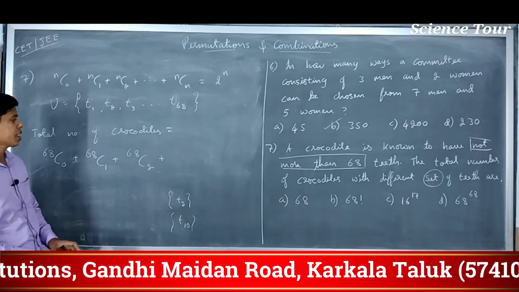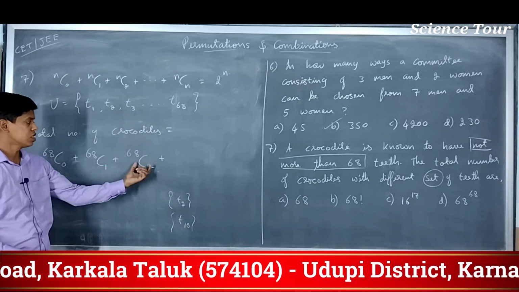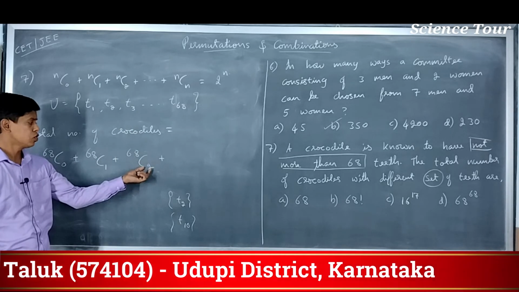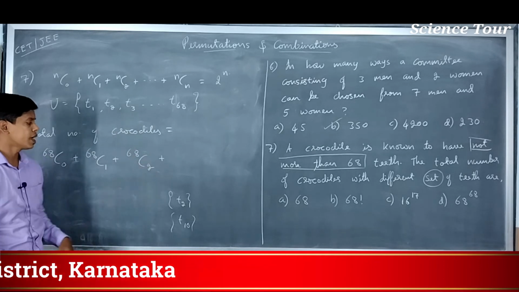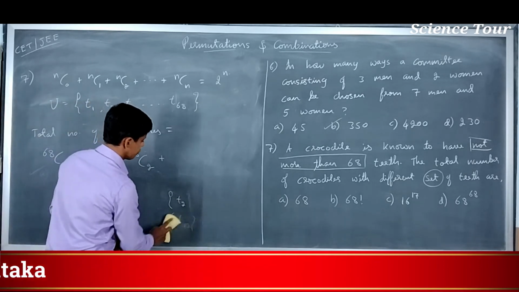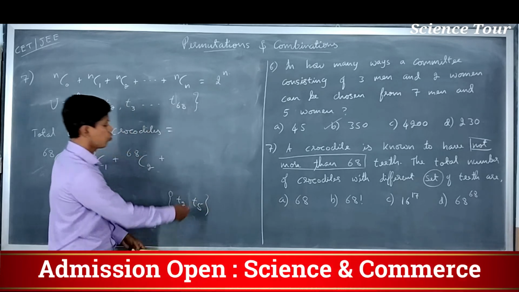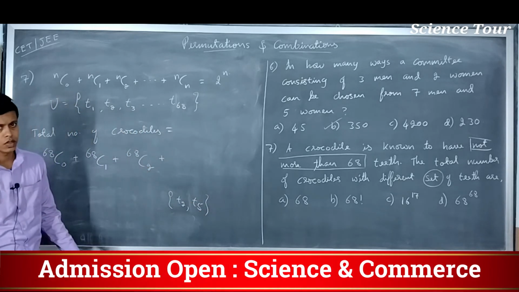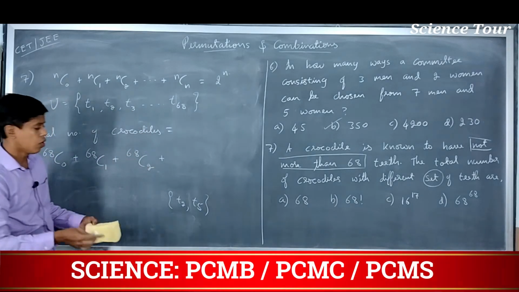Correct. So basically, we are calculating the subsets of this. This is a subset in which you have 2 elements. So any 2. Just for an example, T2 and T5. This is one example of this. So you can take any 2 at a time.